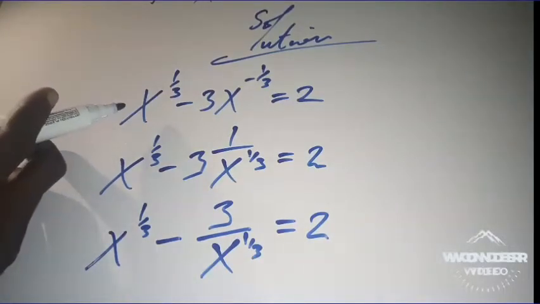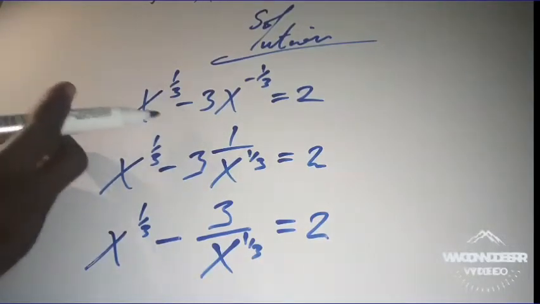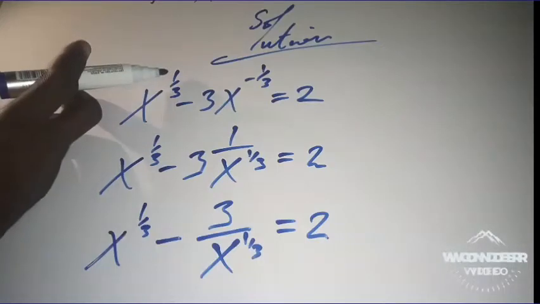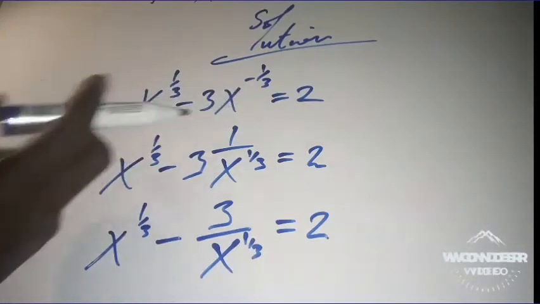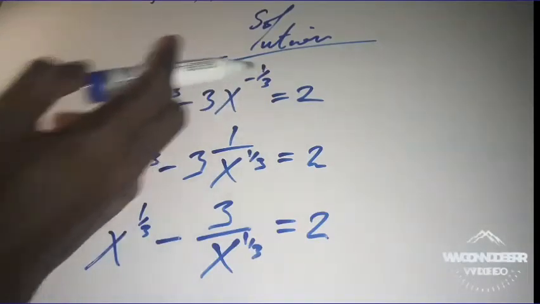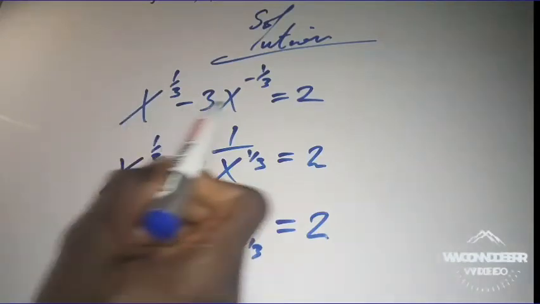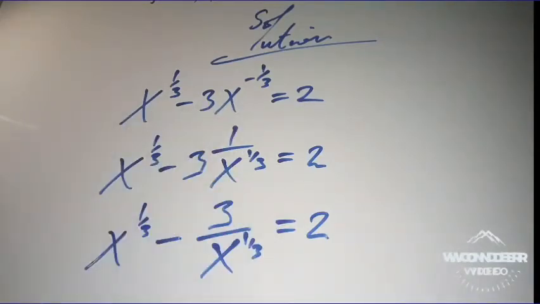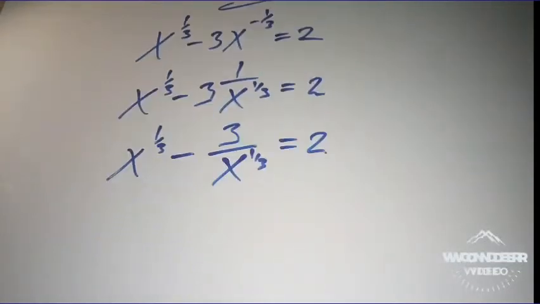Unlike the first line, where the first term is x raised to the power of 1 over 3 while the second term is x to the power of negative 1 over 3, which cannot give us the opportunity to make any supposition. So at this stage, since we have positive power here and positive power also there, we can make a supposition.